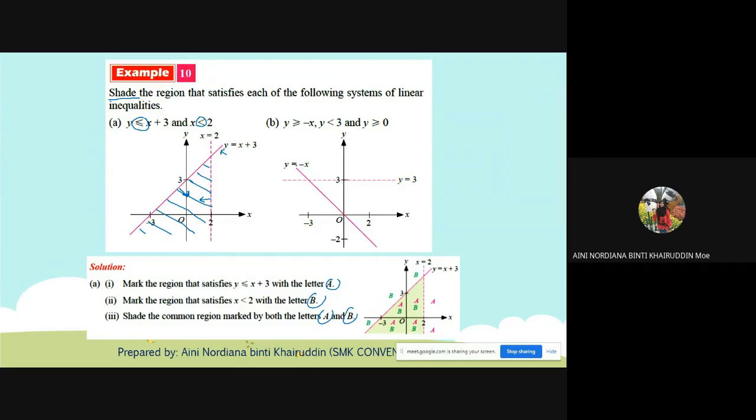This one for y equals to negative x. So look at here, greater than means upwards. Then y equals to 3, this line, less than means to the left.